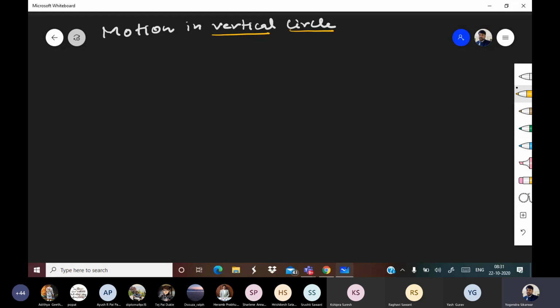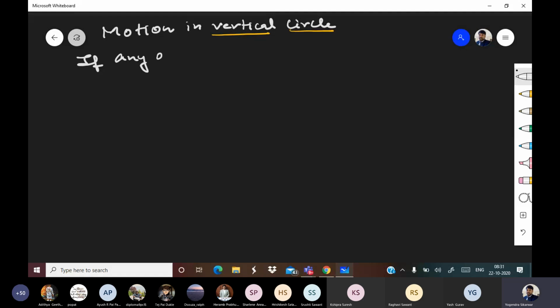So suppose I make a circle in the vertical direction. Be very clear, it is not horizontal, it is a vertical circle.